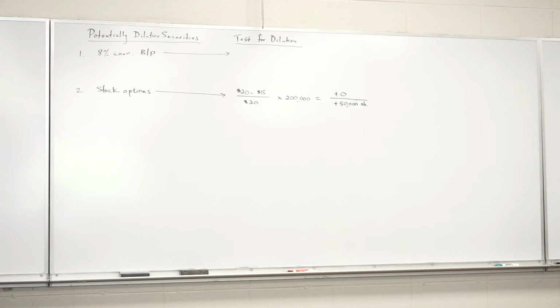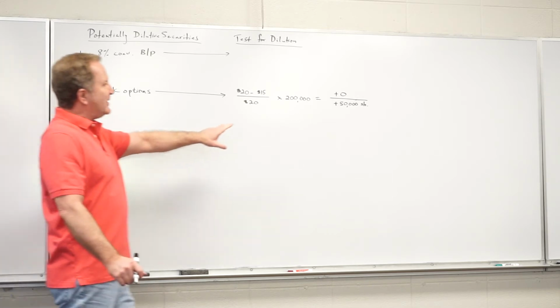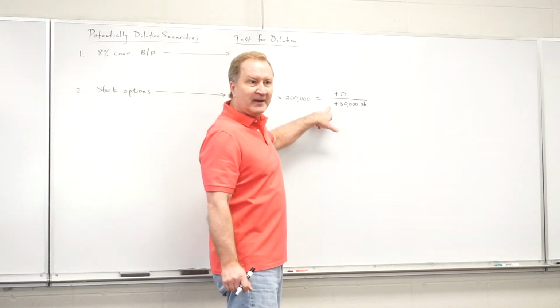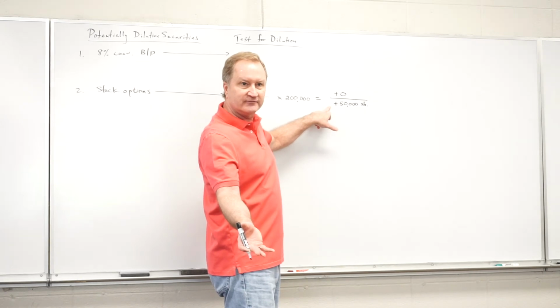If you issue more shares of common stock, it's not going to affect net income and it's not going to affect preferred stock dividends. All they do is have the potential to affect the denominator. If you add 50,000 to whatever you got in basic EPS, you spread the same size pie into 50,000 additional parts, you're going to get a smaller amount, so it's going to be dilutive.